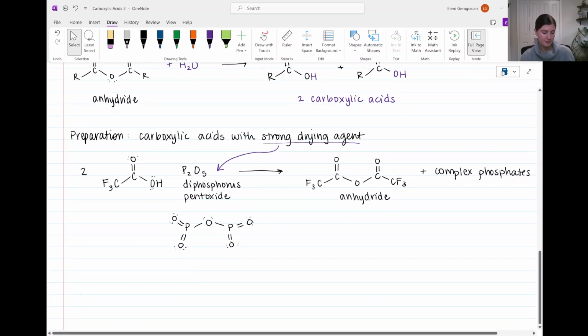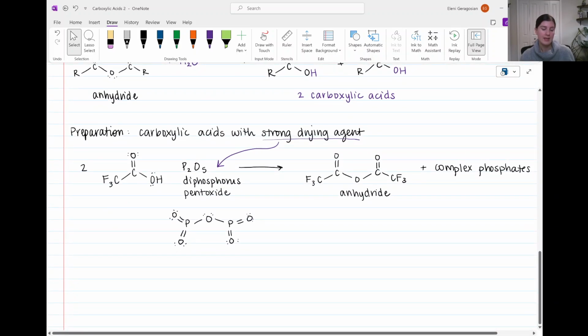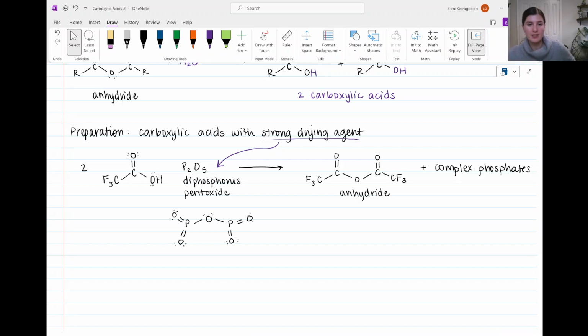Another way is to heat a dicarboxylic acid, so a molecule that has two carboxylic acids, if those carboxylic acids could form a 5 or 6 membered ring anhydride. So let's look at an example here.